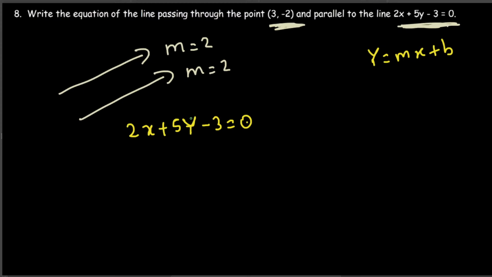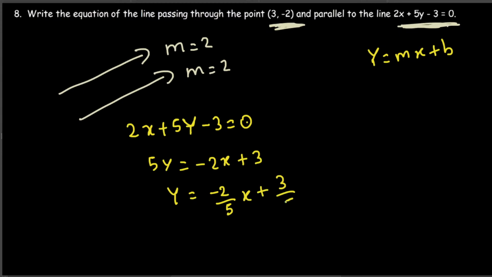To do this, I'm going to bring anything other than 5y to the other side of the equation. So this is going to be 5y = -2x + 3, and we have only the 5 left here. So if we bring the 5 to the other side, we are going to divide both sides by 5. So y = -2/5 x + 3/5.